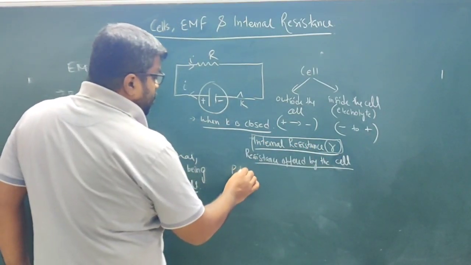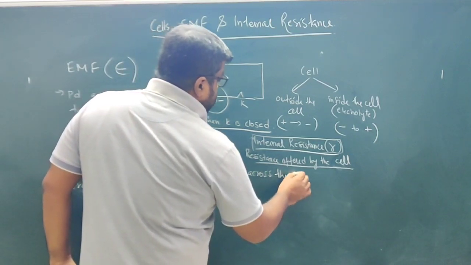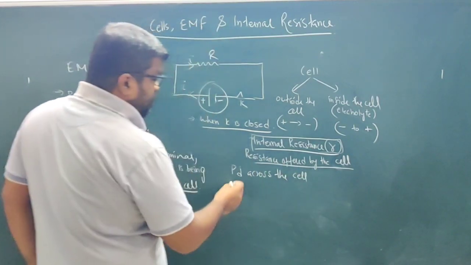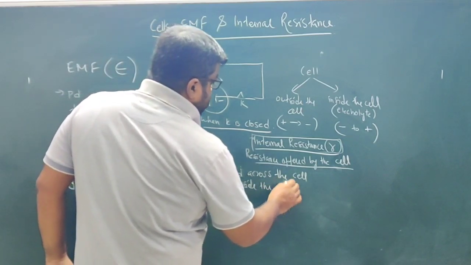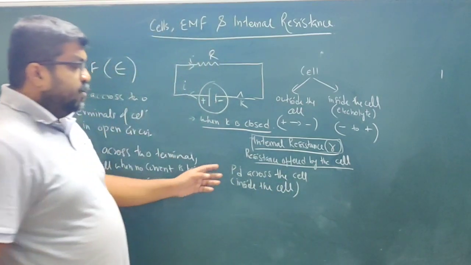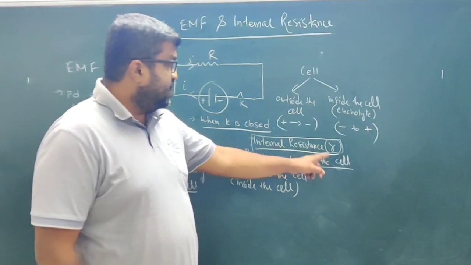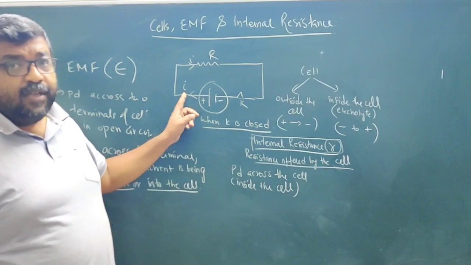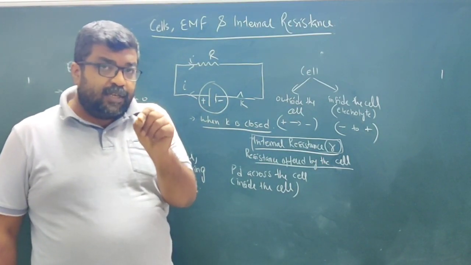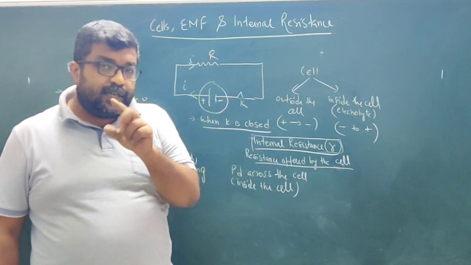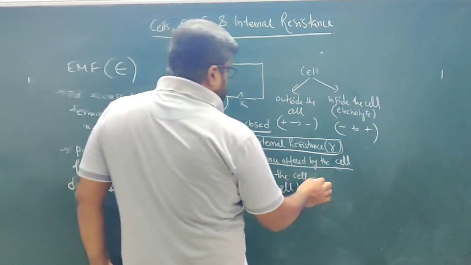What is the potential drop across the cell, that means inside the cell? Ohm's law says it will be the product of current and resistance, so this will be equal to I into r.